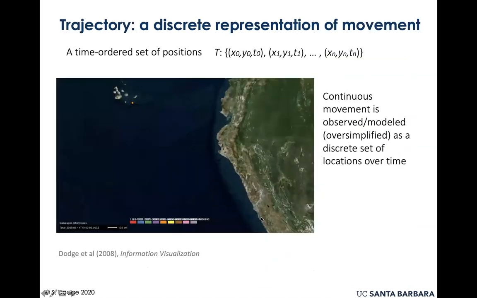Either way, we can construct trajectories, which are basically defined as a set of ordered locations over time, so locations and time. We use these discrete trajectories as a set of points in space and time to model and study movement.